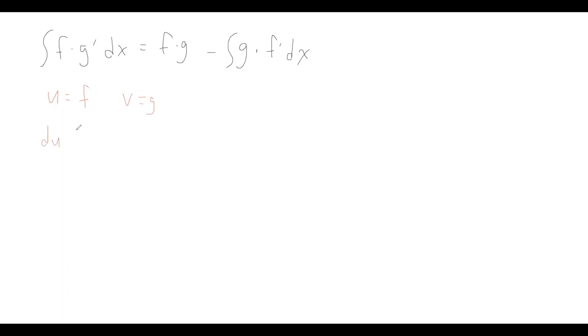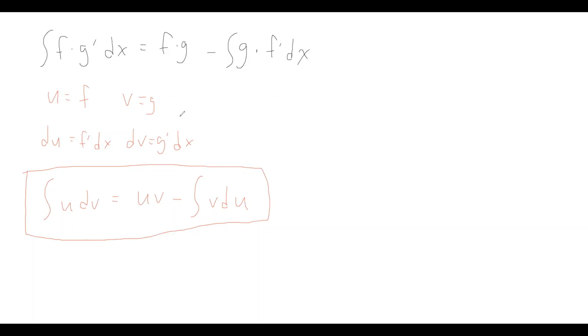So du will just be f prime dx, and dv will be g prime dx. Then we can rewrite the whole thing as the integral of u dv is equal to uv minus the integral of v du. Okay, so that's it. This whole thing is the key of integration by parts, IBP.